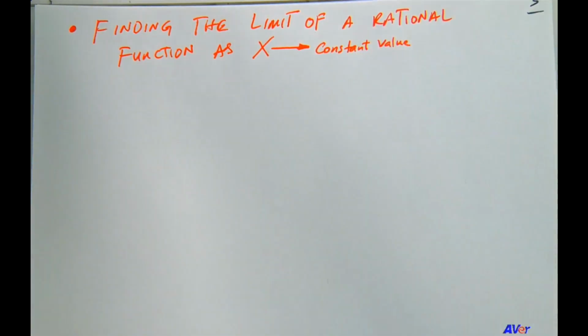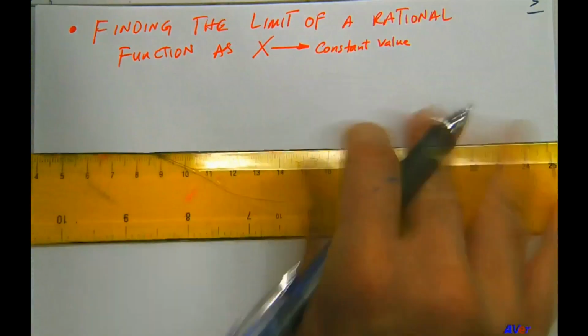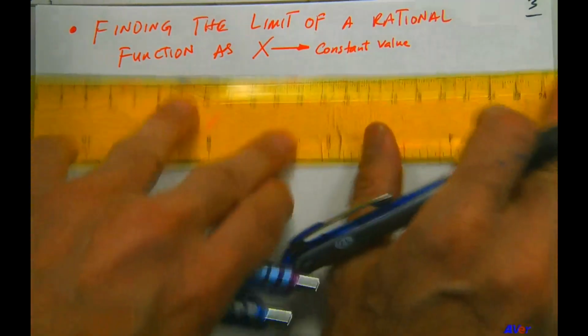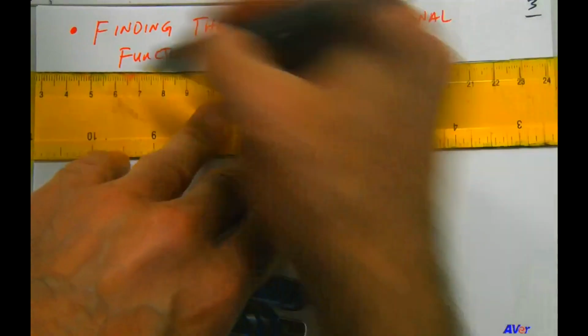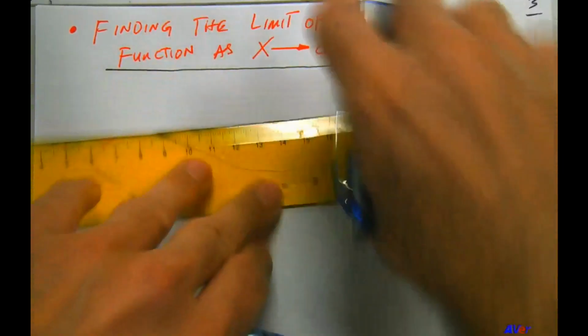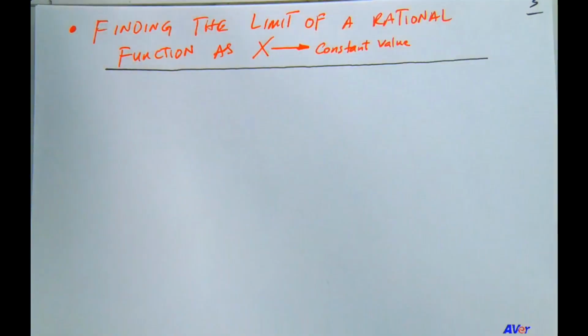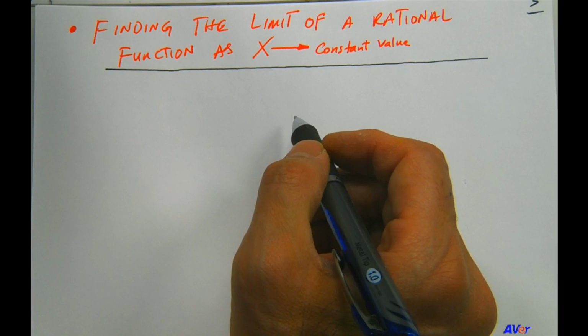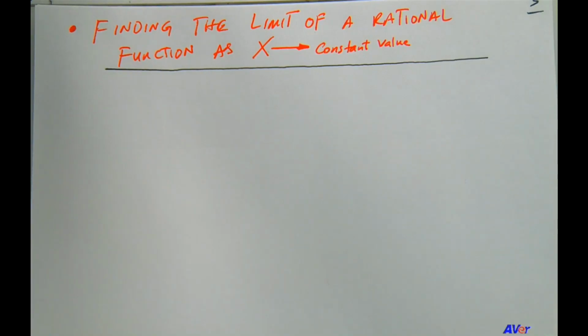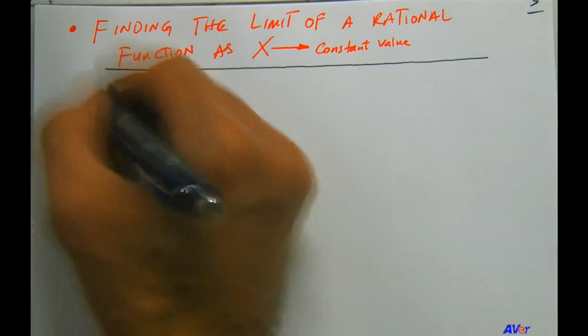Okay? Say -1, 2, 0, what have you. But it's some constant, x approaches some constant value. Okay? So what are some of the techniques we use to find the limit of the rational function as x does that?